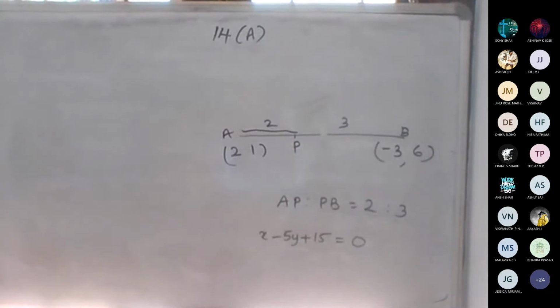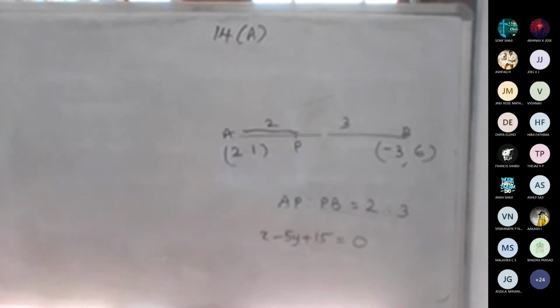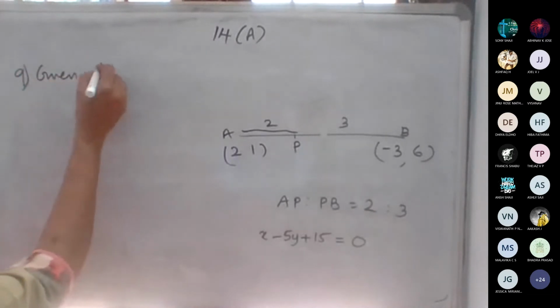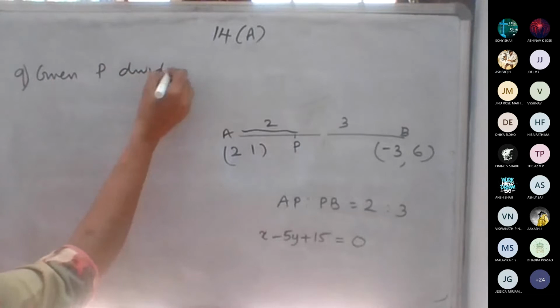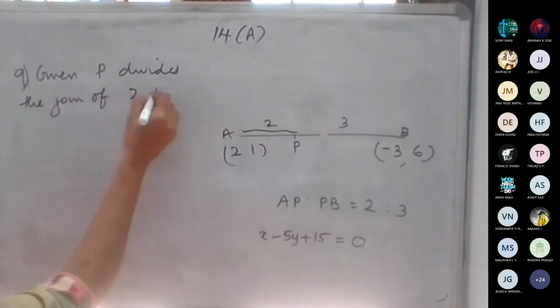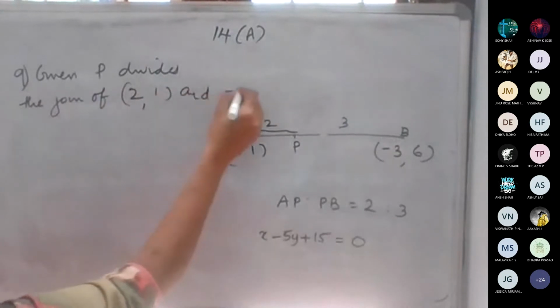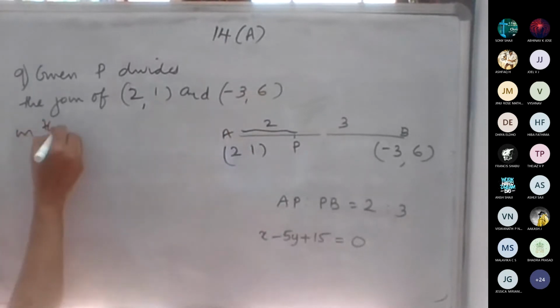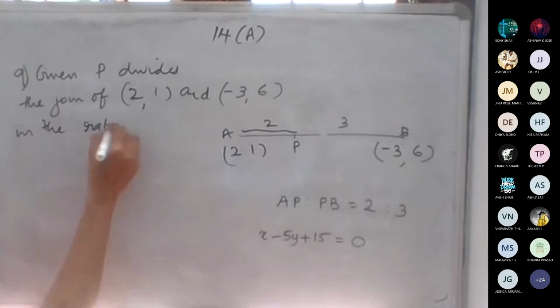Ninth question, given P divides the join of (2, 1) and (-3, 6) in the ratio 2:3.